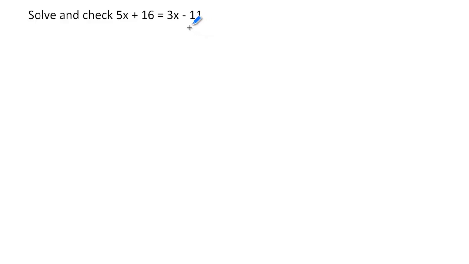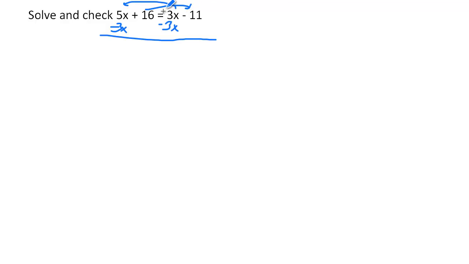The process for multi-step equations is always to bring the variables to one side and the constants to the other. So I can subtract 3x from both sides. And if you're comfortable with this, you can also say, since I'm bringing the x's to this side, I need to bring the constants to the other side.